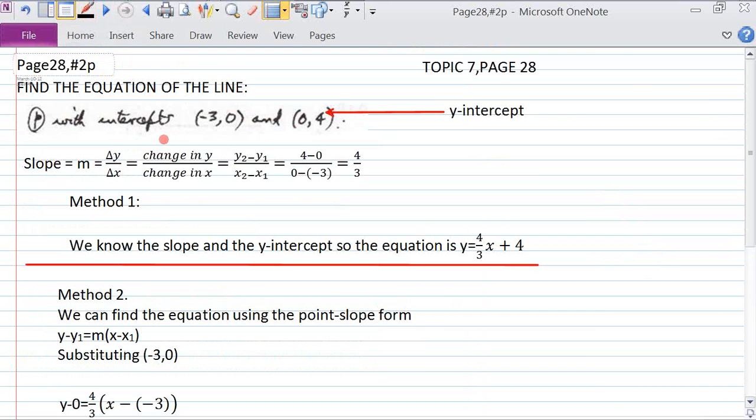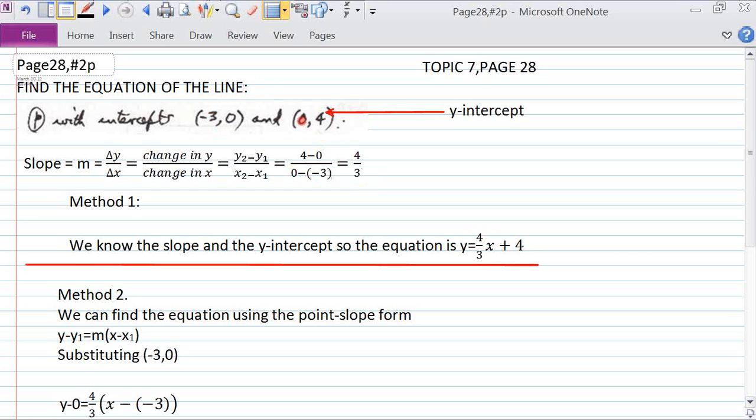Okay, so here we're given a problem where the ordered pairs are actually intercepts. First of all, we're given two ordered pairs, as we've done before. We look at the change in y over the change in x, y2 minus y1, so 4 minus 0 over 0 minus minus 3, and that gives us 4/3.